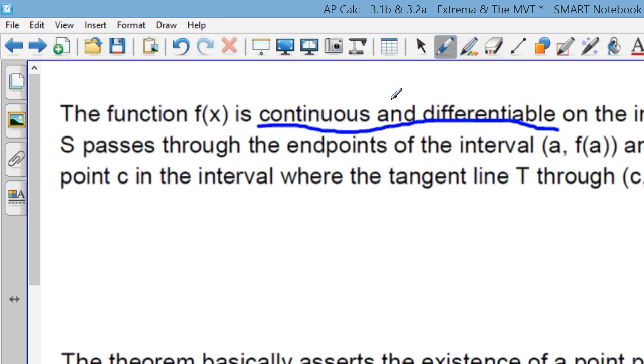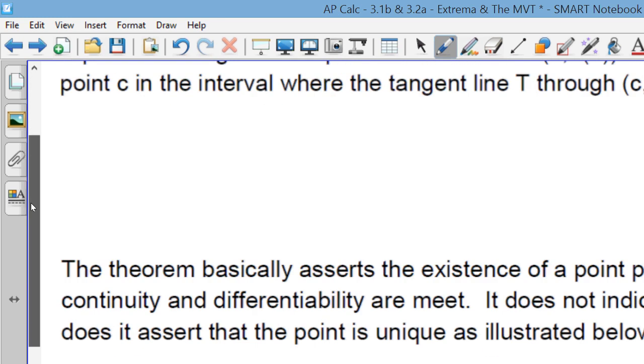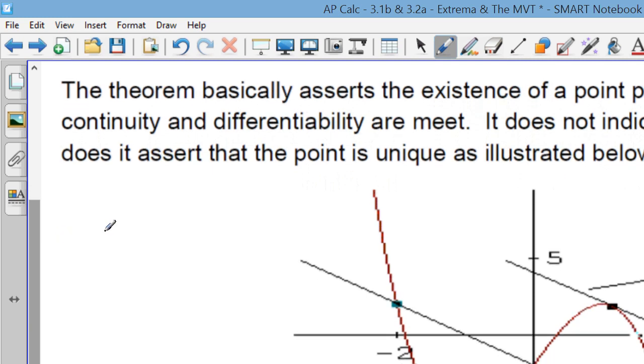So you plug in, obviously, to get the y value. And the b value, which is another x value, with another y value to go with it, so you plug in to get that. There's a point where the tangent line is same. That's basically what that's saying. It's just another restatement, actually. So pretty much, there's got to be an existence of a point if you have continuity and differentiability. No sharp turns, no discontinuities, no asymptotes, etc. Nice function.